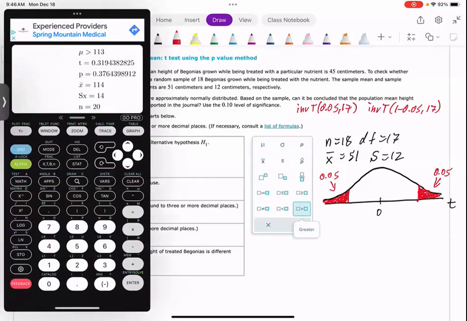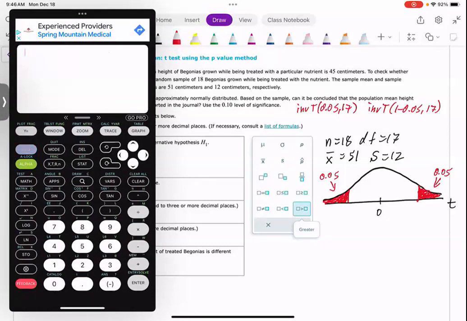So let's find those real quick. Inverse t, 0.05, comma 17. So I'm getting negative 1.7396, and inverse t of 1 minus 0.05, comma 17. There's the positive version of that, 1.7396.